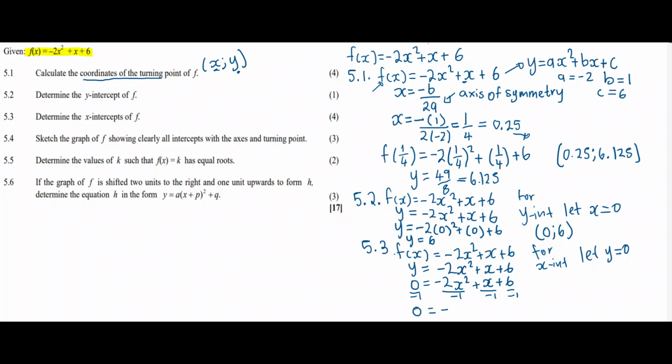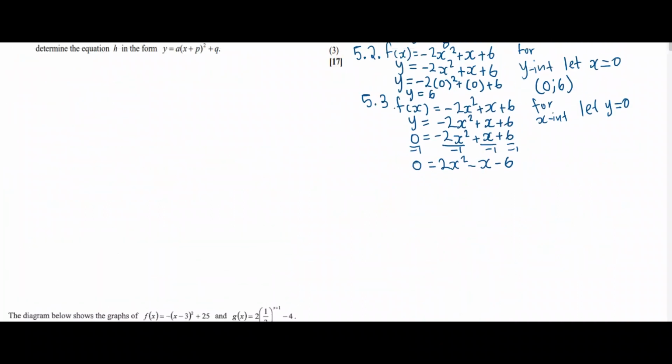I think the left hand side is just going to be the same. It's going to remain 0, or if you punch this on the calculator, you will see that it's going to give you 0. So this is going to give you positive 2x squared, and this is going to give you minus x, and the third one is going to give you minus 6.